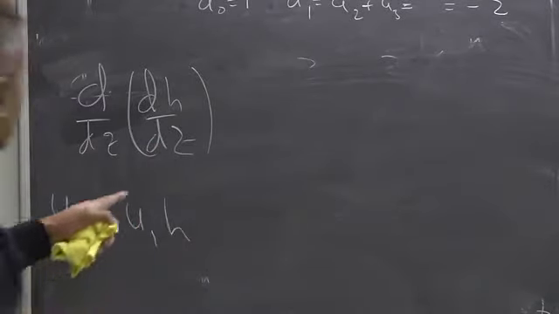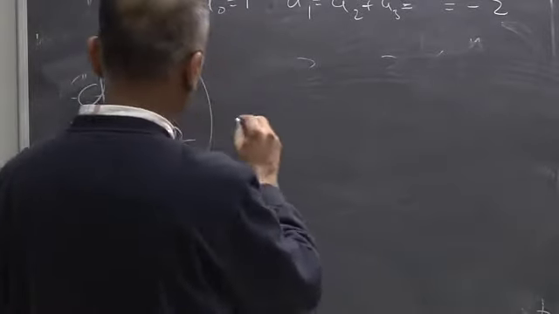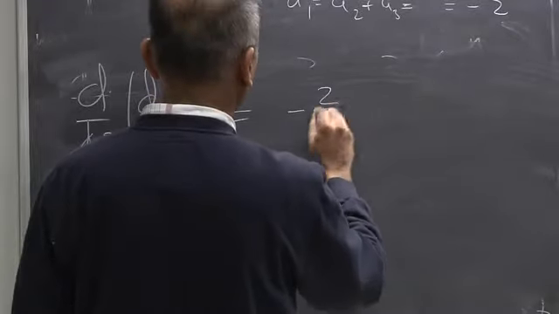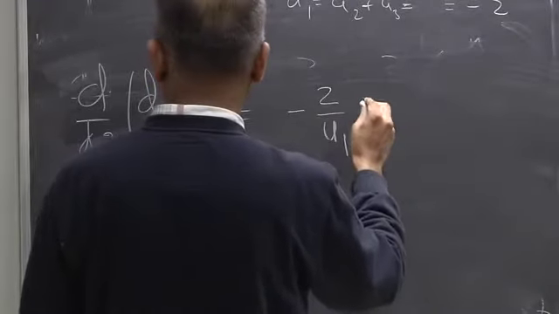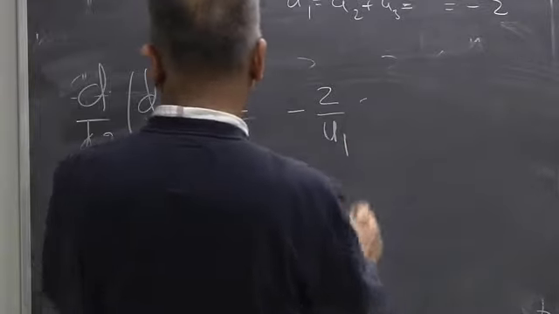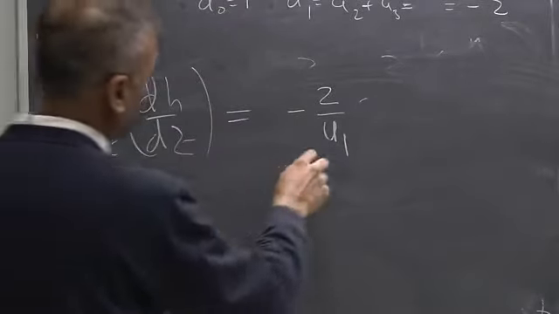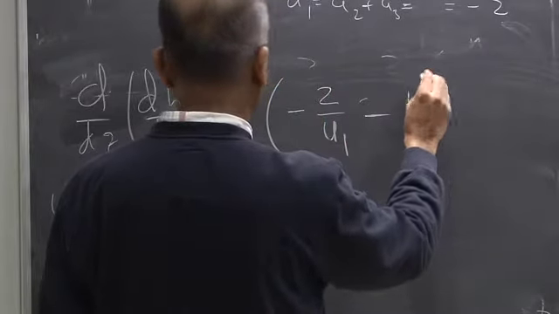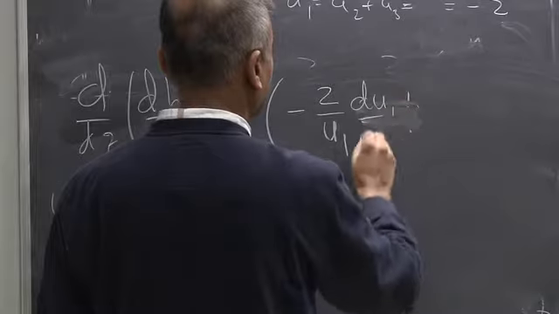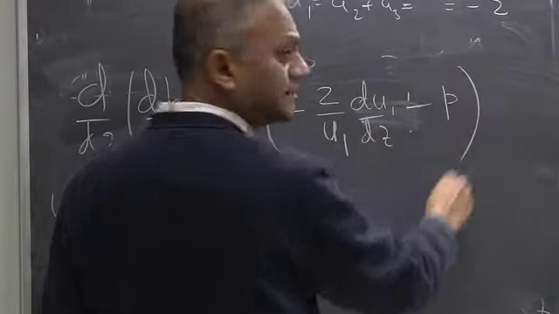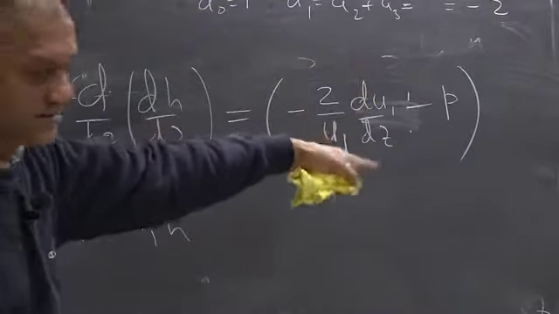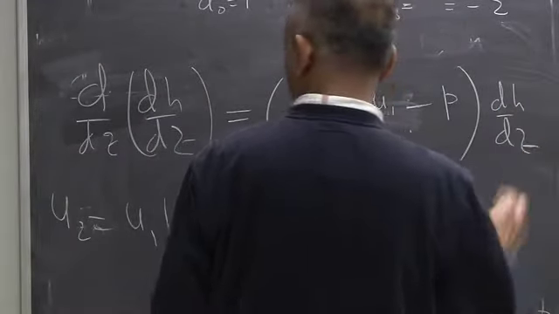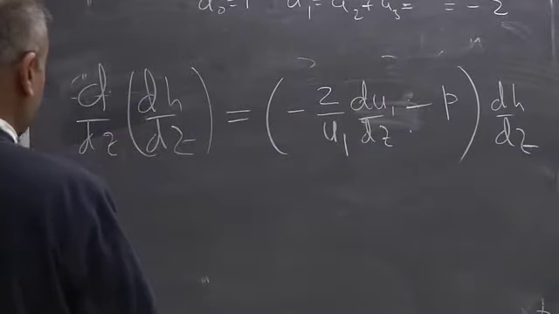And then we get that was equal to minus 2 over u1 du1 by dz minus p, correct? That was, I mean, a few minutes ago we wrote that, times dh by dz. Okay, so we find that log of dh by dz.